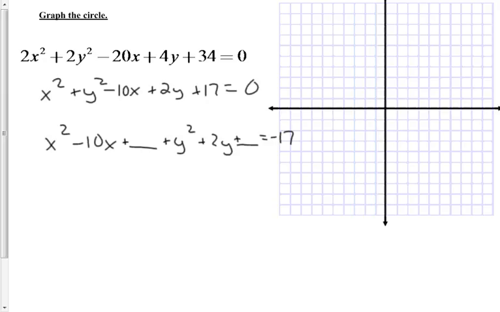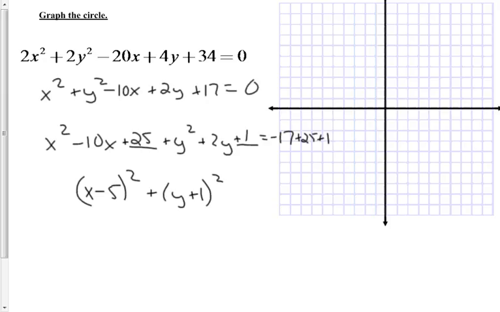We can complete the square. Half of the negative 10 will be negative 5 squared. You're going to get a 25. So be sure to add the 25 to the other side. Half of the 2 is 1 squared. You get 1. Add it to the other side. So our binomial will be x minus 5 squared, and the y will be y plus 1 quantity squared.